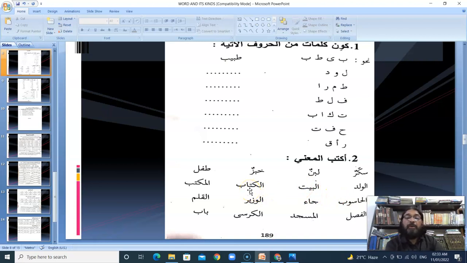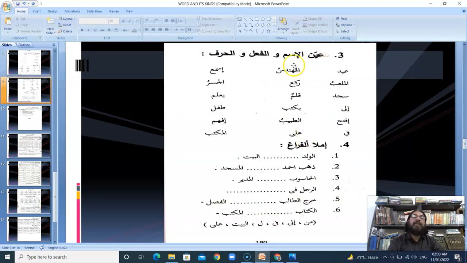Al-kitabu, the book. Al-maktabu, the table. Al-hasubu, the computer. Ja'a, he came. Al-waziru, the minister. Al-qalamu, the pen. Al-faslu, the classroom. Al-masjidu, the mosque. Al-kursiyu, the chair. Babun, a door. So you have to memorize the meaning of these words.